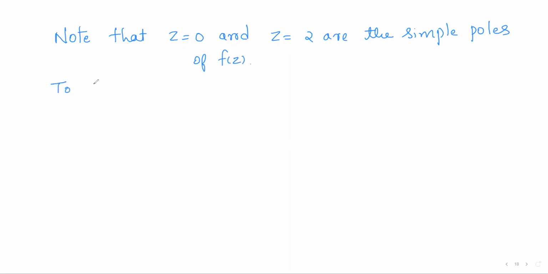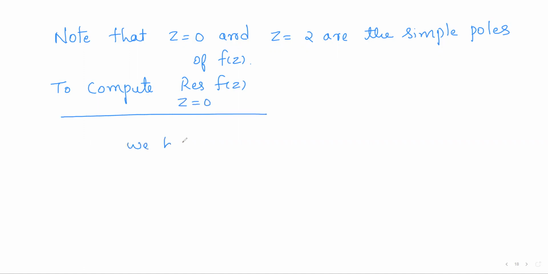First we shall compute the residue of f of z at z is equal to 0. So the residue of f of z at z is equal to 0 is z minus 0 into f of z at z is equal to 0.